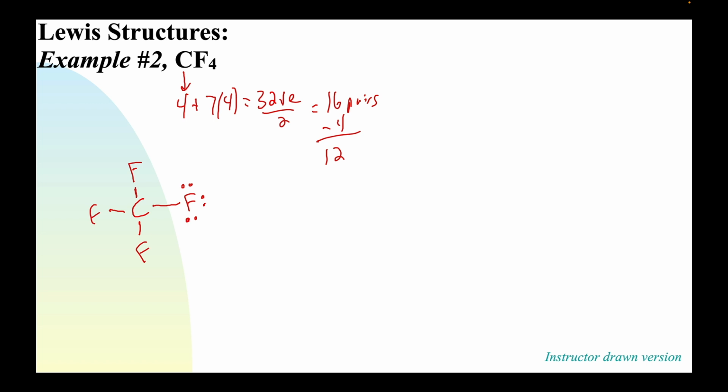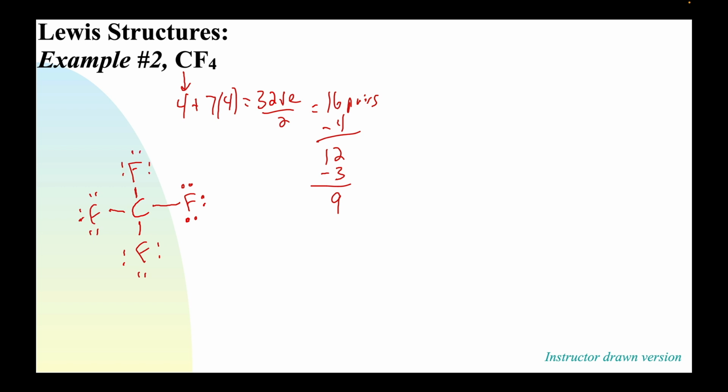And if you think about it then, the fluorine there I just drew has 1, 2, 3 lone pairs and 1 bonding pair, 4 pairs total. That's the octet. Now I did use up 3 pairs, so I have 9 pairs now left to go, but as you can probably see, I have 3 more fluorines. So what I'm going to do now is put 3 lone pairs on each of those fluorines.